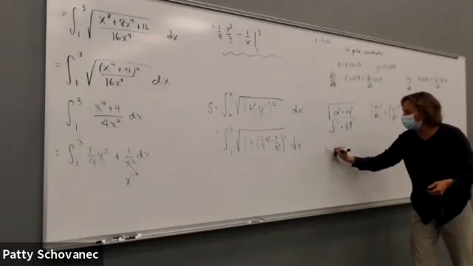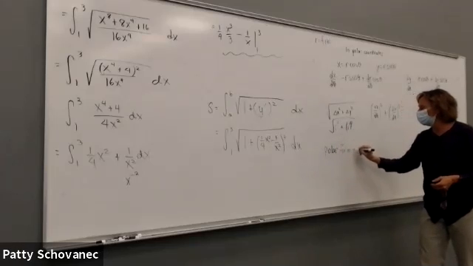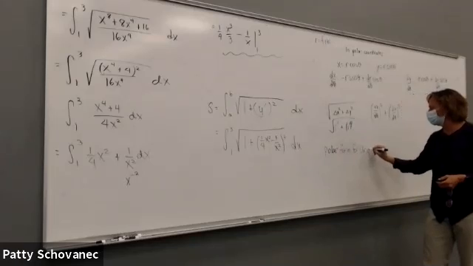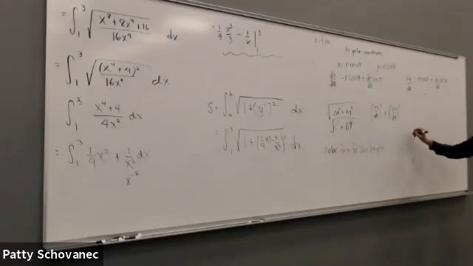So our polar form for arc length will have an integrand that looks like this. It'll have a square root sign, and it'll have your r squared added to dr d theta squared, and then a d theta.